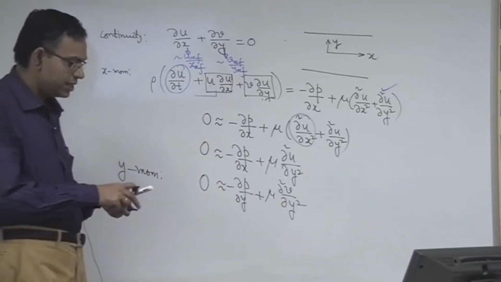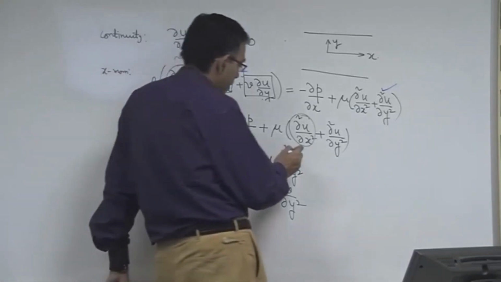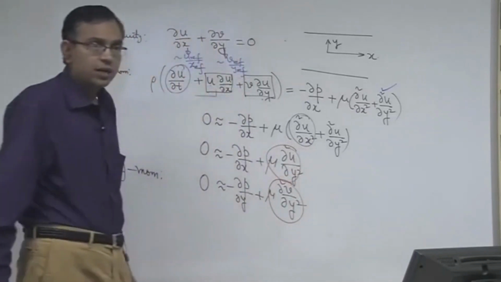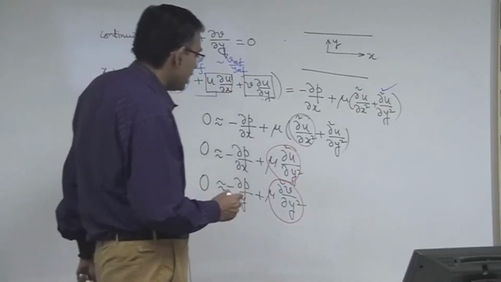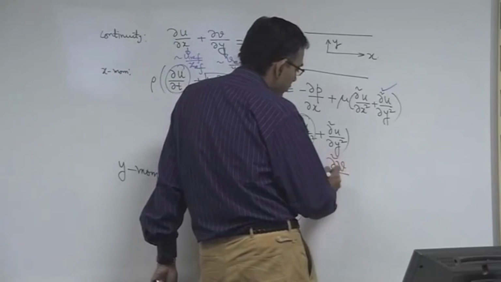Now the question is, out of these two terms, which term is more dominating? To do that, let us write the order of del square v del y square.